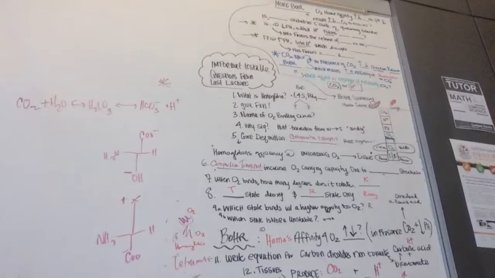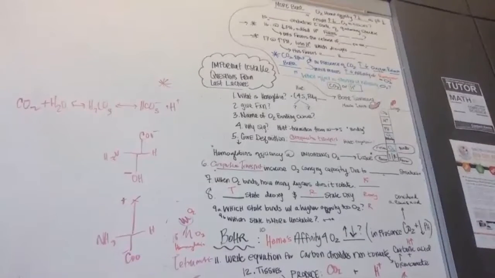Let me get to the salt bridges. Where's the salty at? It's down here. Okay, here we go. In deoxyhemoglobin, hemoglobin is a quaternary structure. Three amino acids form salt bridges that can stabilize the T-state quaternary structure.